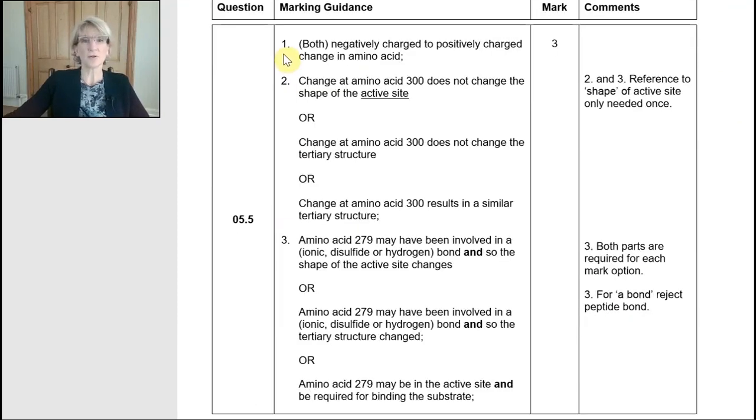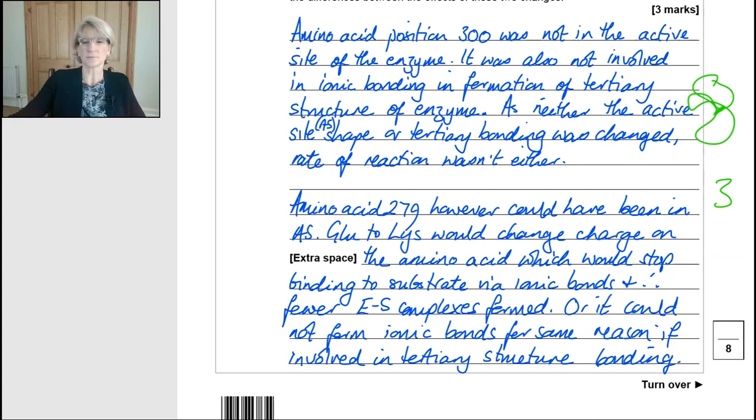So I would have got this mark and this mark, even though I also put this in as well. And I would have got that mark as well.